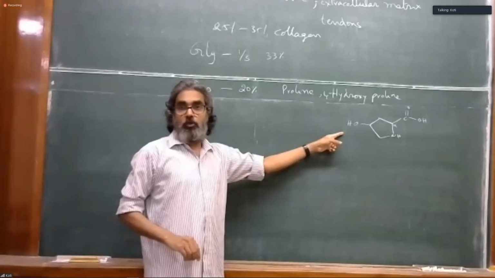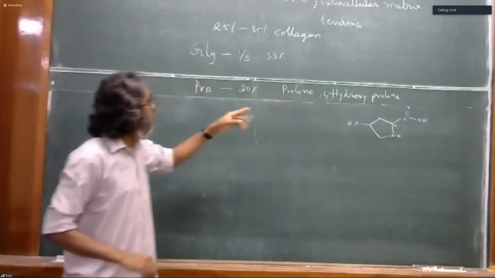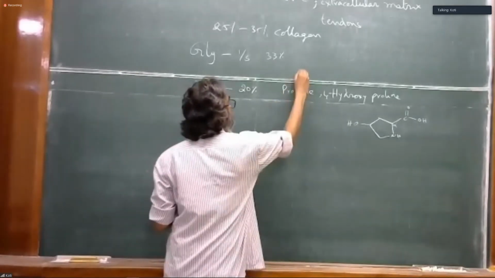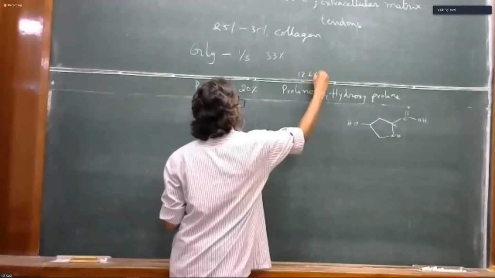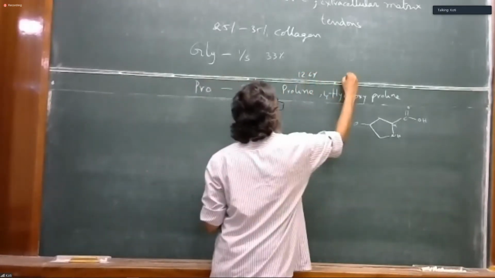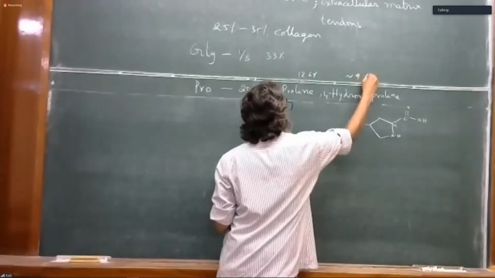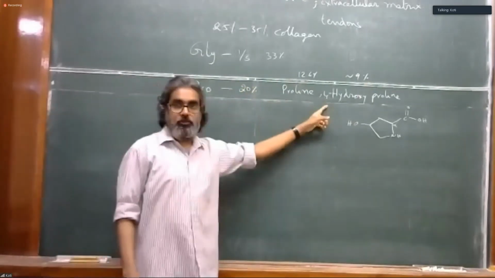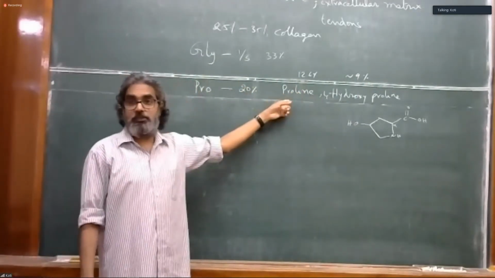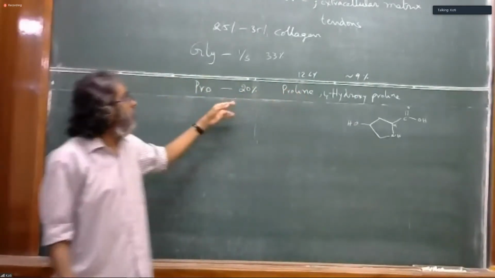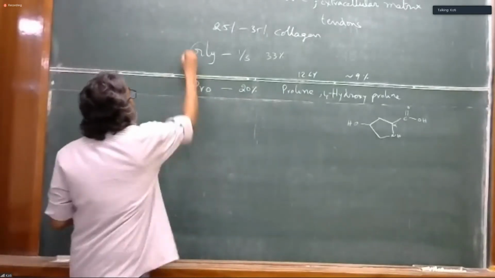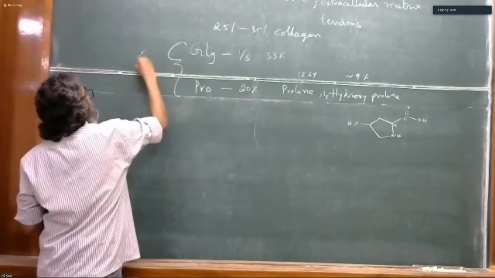This is an important modification. Roughly 12.6% is proline and about 9% is hydroxyproline. So 9% of the entire content is hydroxyproline and roughly 12% is proline. If you add these two, already together you have roughly 50%.